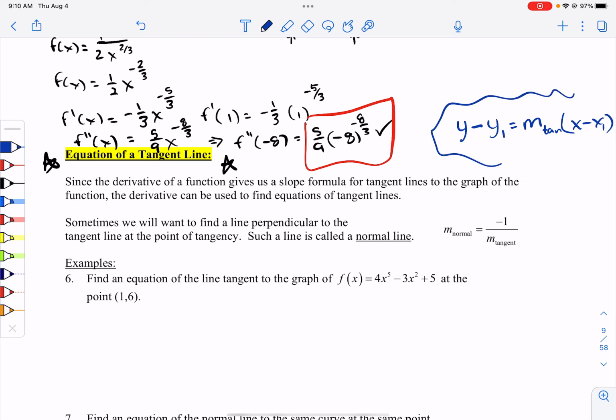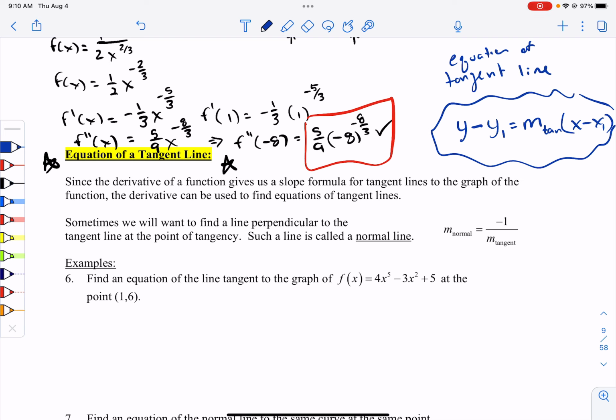This right here is your equation of tangent line. You need to know that. That is one that you absolutely have to memorize. You're going to have to use it on the test, I promise.